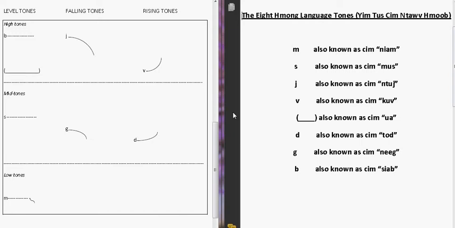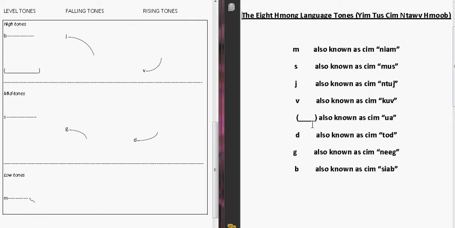As you can see, the 8 tones are these 8 letters or symbols here, that you'll usually find at the end of each word. The first one here is an English letter M, second tone S, J, V, then there's nothing.